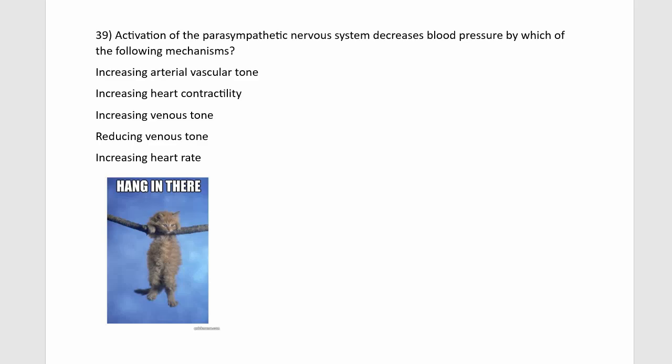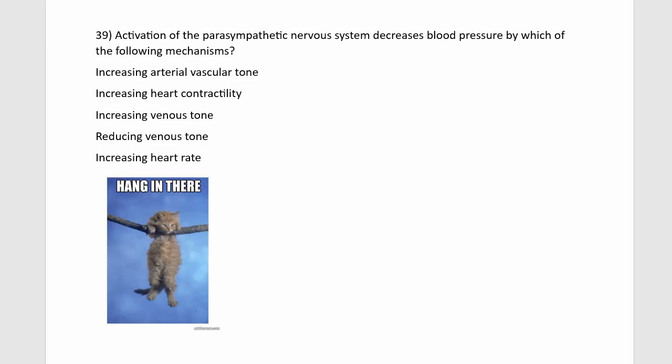Venous tone. So venous tone refers to the degree of constriction or dilation which occurs in the walls of the veins. So this is going to affect the veins' diameter and compliance. When veins constrict, that is an increase in venous tone.